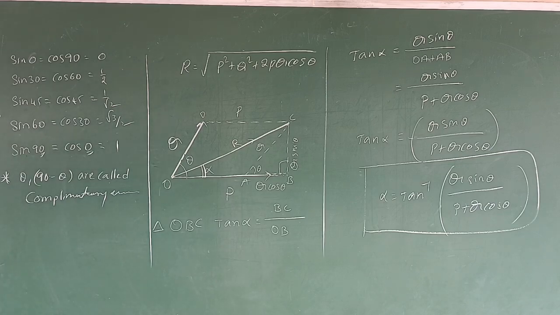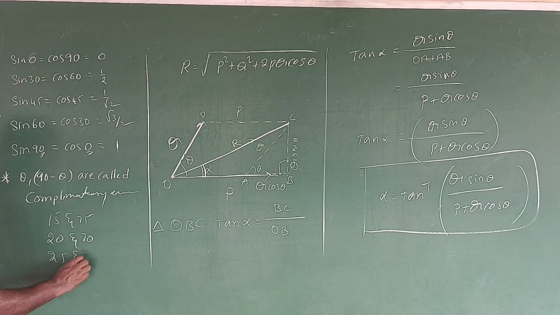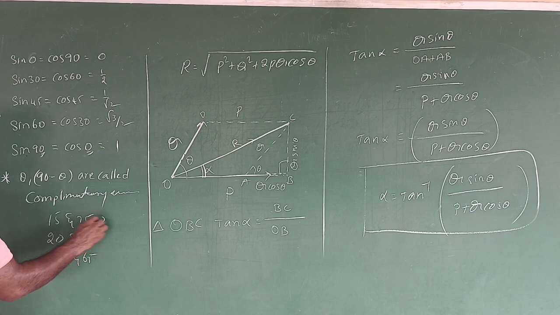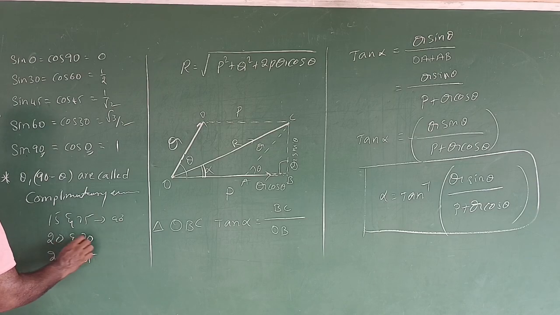The sum of all these angles is equal to 90 degrees. So here 0 and 90 are called complementary angles. 30 and 60 are complementary. 45 and 45 are also complementary. 60 and 30 are also complementary. 90 and 0 are also complementary. 15 and 75, 20 and 70, 25 and 65: the sum of these two is 90.